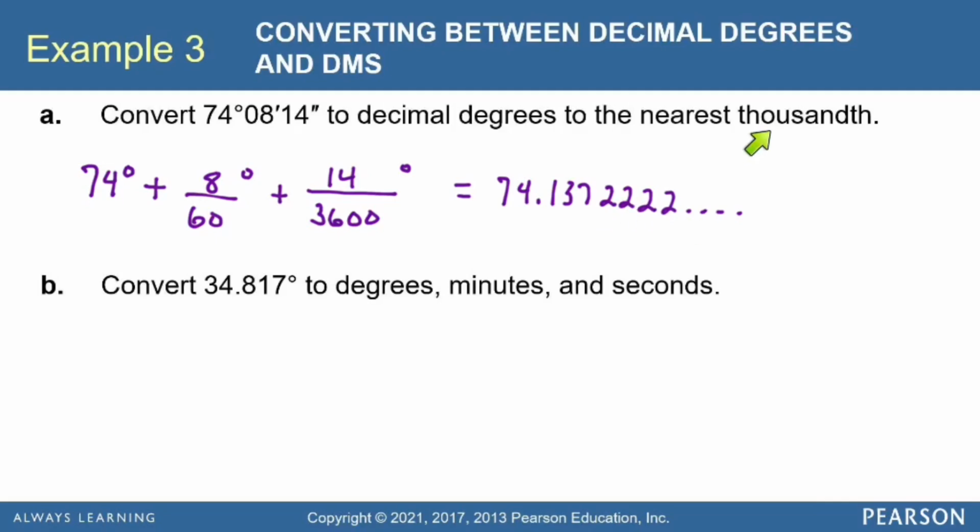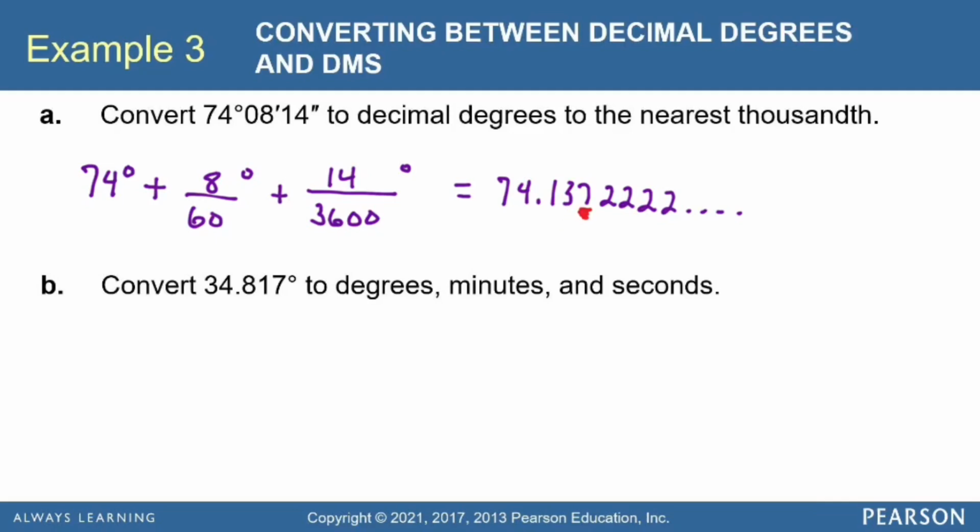Now they asked us to round to the nearest thousandth, so the third decimal place will be our last digit. So to round to the nearest thousandth, we look at the fourth decimal place. If this number in the next position is 5 or more, then the 7 goes up. In this case, the next digit is a 2, so that's not big enough to make the 7 change.